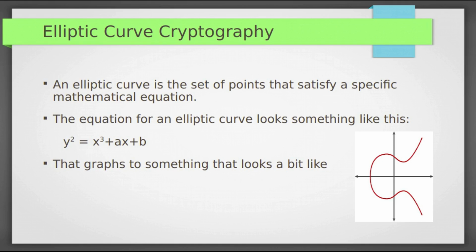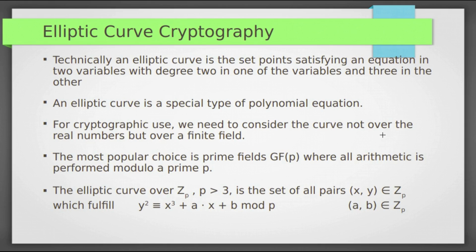For current cryptographic purposes, an elliptic curve is a plane curve over finite fields rather than real numbers, which consists of the points satisfying this mathematical equation: y² = x³ + ax + b, along with a point at infinity. An elliptic curve graph looks something like this.